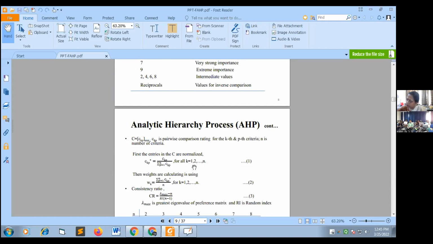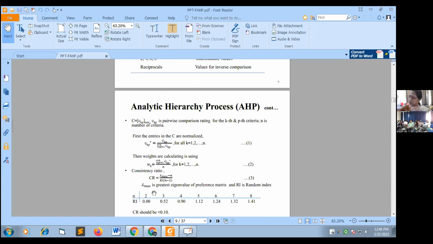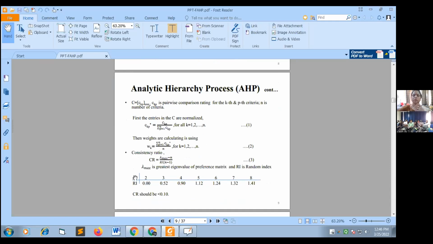Weights are calculated using the summation over p equal to 1 to n of c_kp divided by n. The consistency ratio CR formula is this, where lambda max is the greatest eigenvalue of the preference matrix and RI is the random index, which comes from random numbers. If CR is less than 0.10, it means we have calculated the right criteria and are doing the best one.